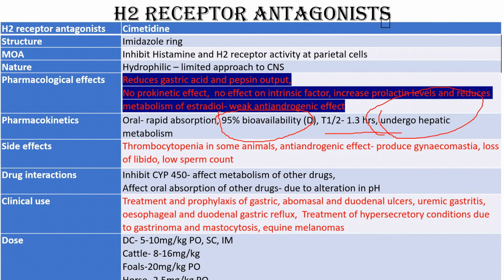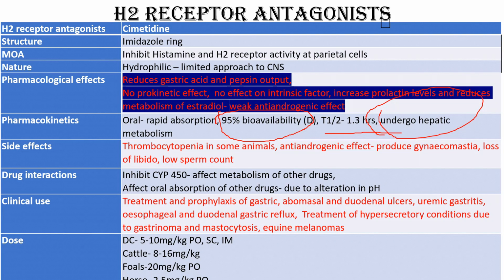After administration of cimetidine along with other drugs, it may affect their metabolism, there may be retention of other drugs, and sometimes accumulation of such drugs in the body. Second, after oral administration it affects the absorption of other drugs, because some drugs require acidic pH for absorption, and as it reduces acidity, it alters the pH, so there may be an effect on absorption of other drugs.